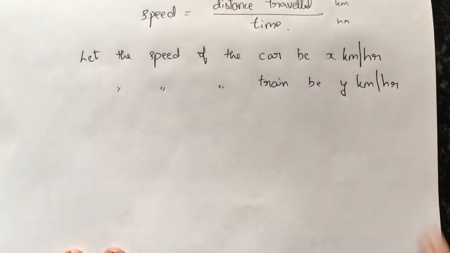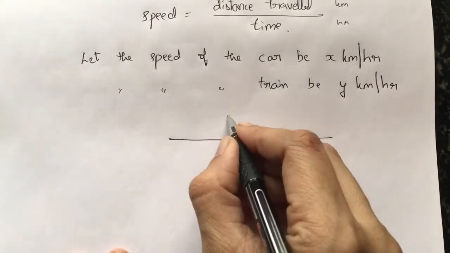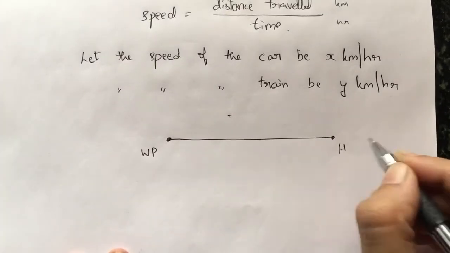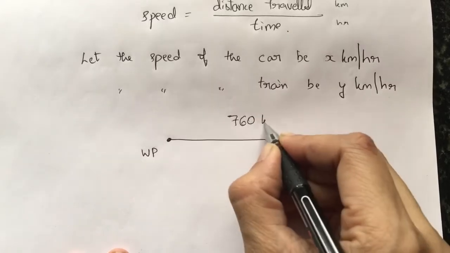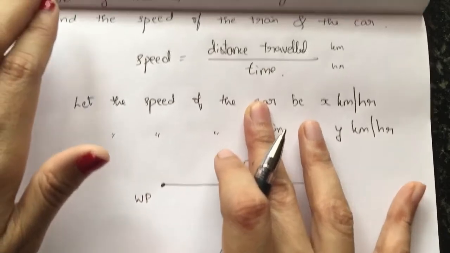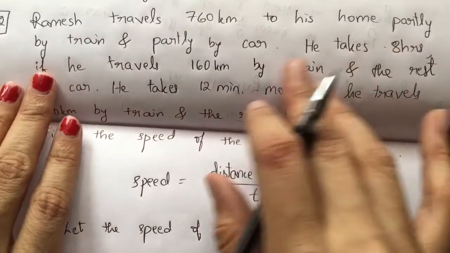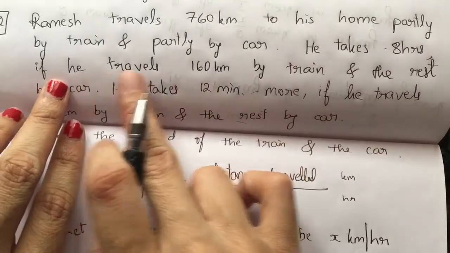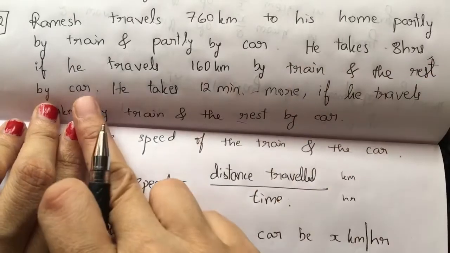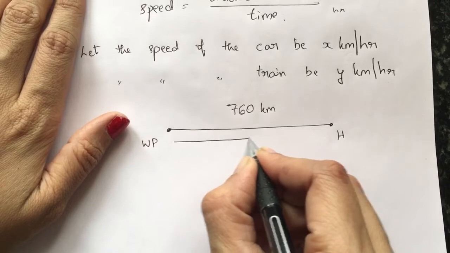Now see, he is traveling 760 kilometers, say from workplace to his house, total 760 kilometers. What is mentioned? He is partially using train and car, both. So he takes 8 hours if he travels 160 kilometers by train and the rest by car.